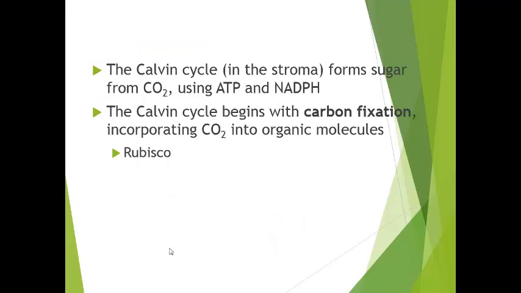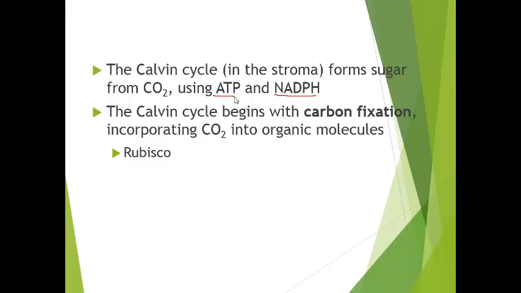The second part of photosynthesis is called the Calvin cycle, and that's going to take place inside the stroma. This is where carbon dioxide gets reduced. To reduce carbon dioxide, we're going to use NADPH. ATP, which was made during the light reactions, is going to be used to fuel the Calvin cycle.